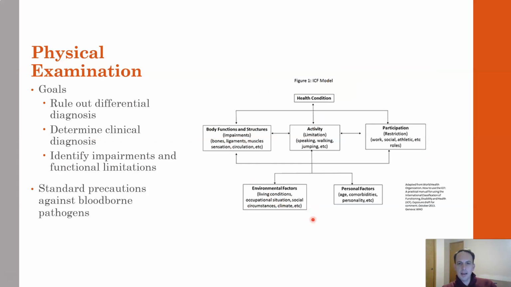And that brings us back to the ICF model, and the different things that we looked at within the ICF model. So in our examination, remember, our goal is to rule out differential diagnosis and determine that clinical diagnosis and our assessment for what is wrong, but also to move beyond that with the impairments and functional limitations.